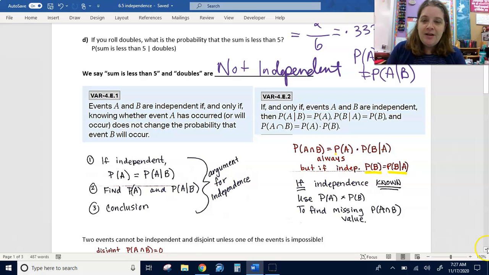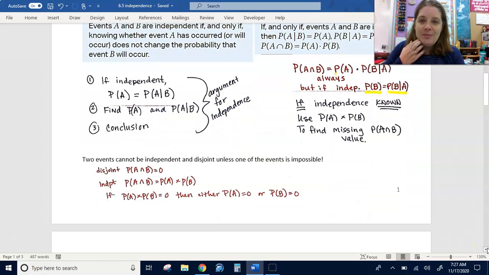All right, now a couple other things that just sort of float up about independence here. We know that if two things are disjoint, then the probability of A and B is 0. And we just said that if they're independent, then the probability of A and B is the probability of A times the probability of B. If you set those equal to each other, then what you're saying is that if two things are disjoint and independent, their product has to equal 0.